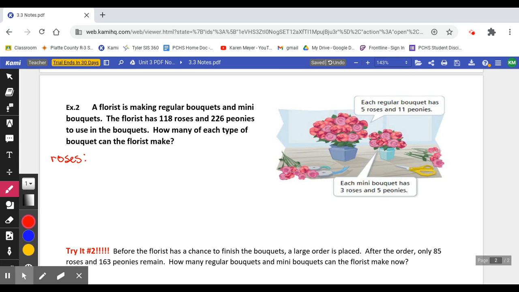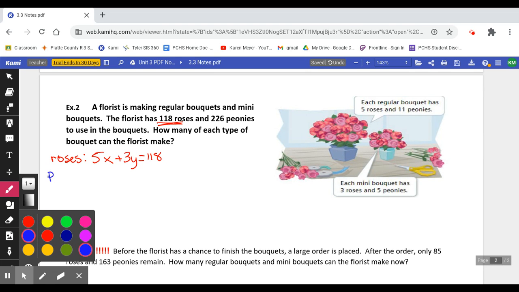Okay, for the regular one, how many roses are they using? 5x plus the mini, how many roses are they using? 3y equals, what is the total amount of roses that they are going to be using? 118.